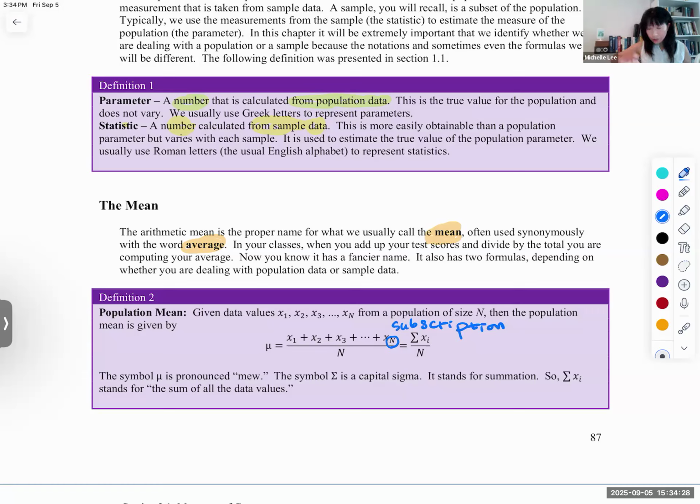Now we have an uppercase N. We talked before that uppercase N means population, so basically the population size.